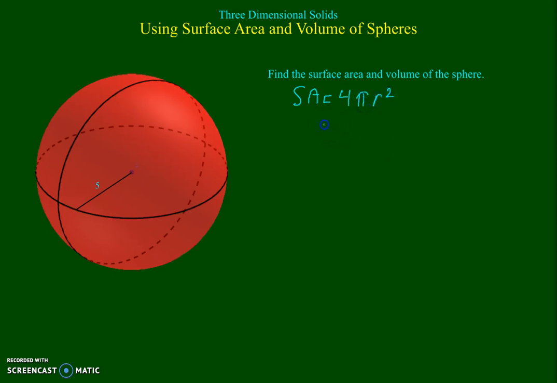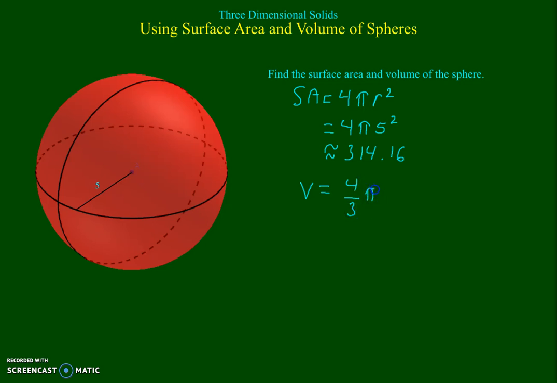And we fill it in. That equals 4 pi 5 squared, which is approximately 314.16.